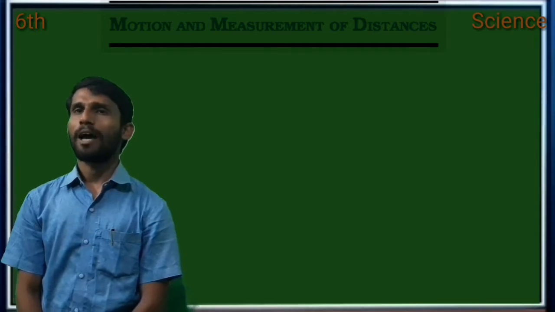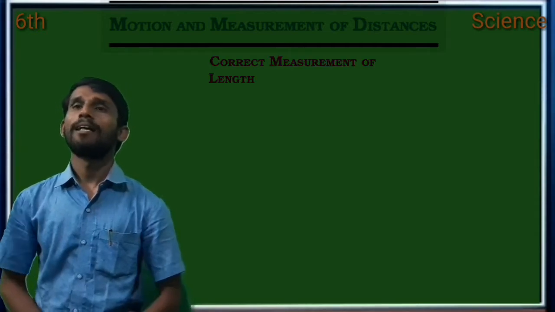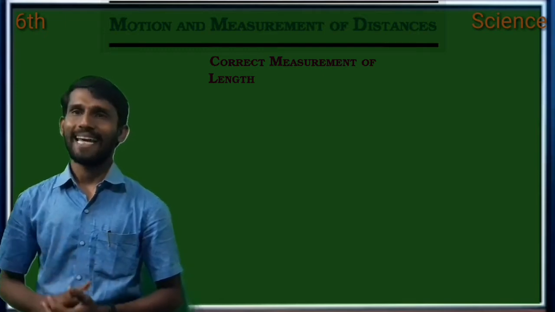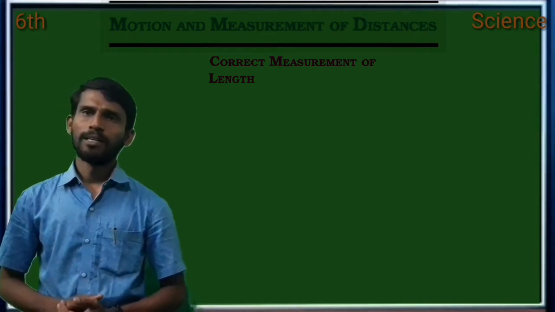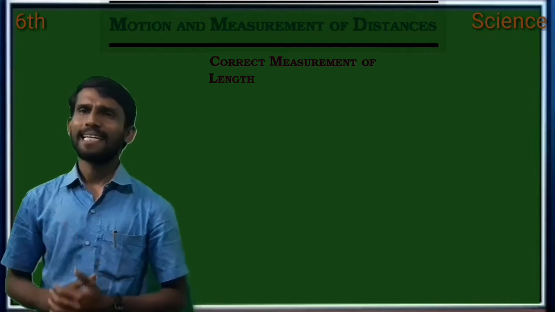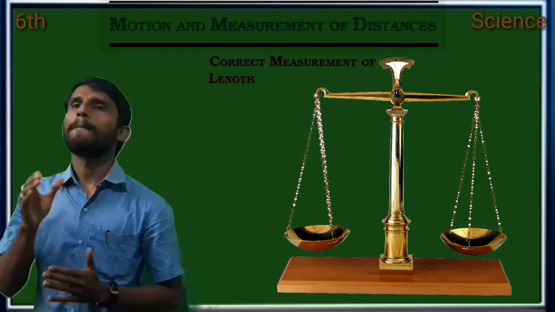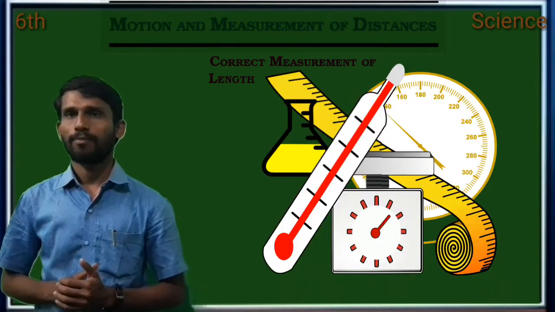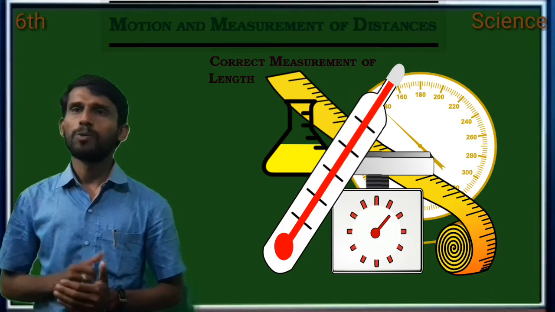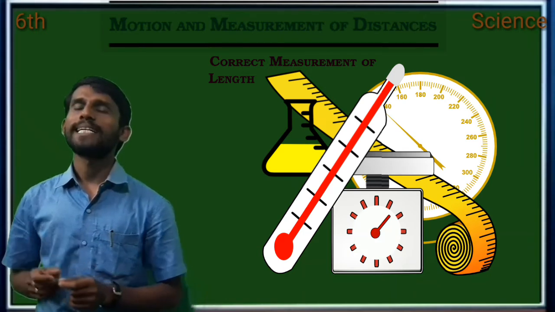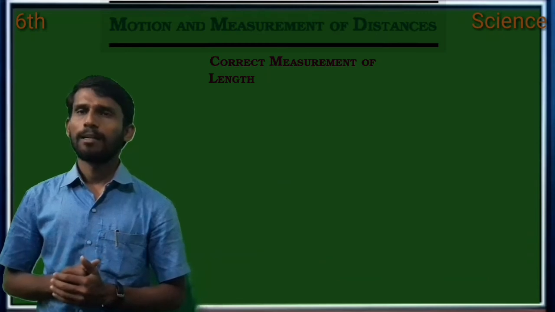In today's class I am going to discuss the next point, that is the correct measurement of length. Dear students, in our daily life we use various types of measuring devices. We use a meter scale to measure length.